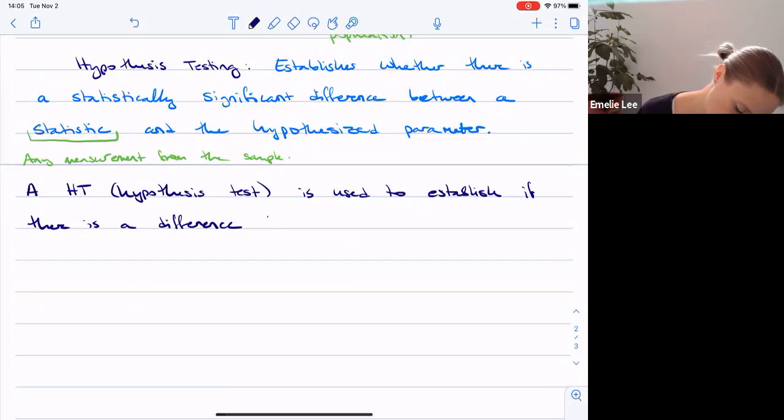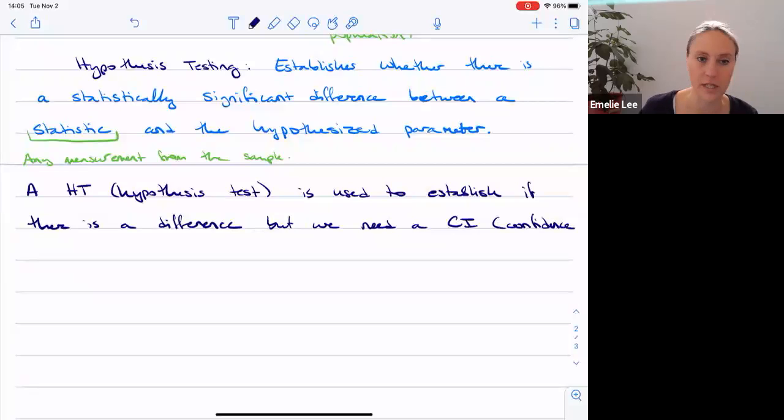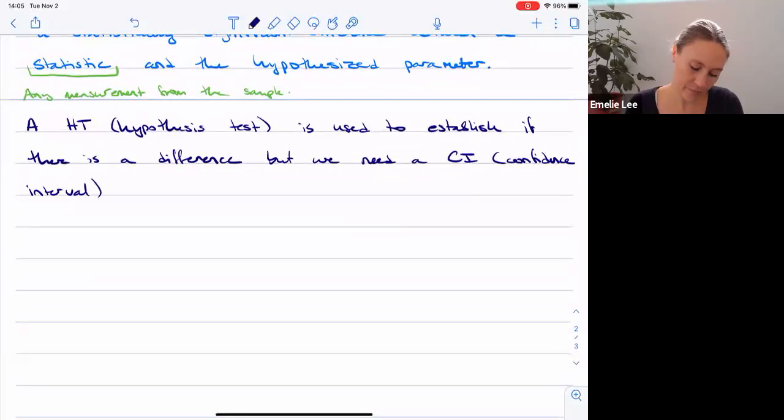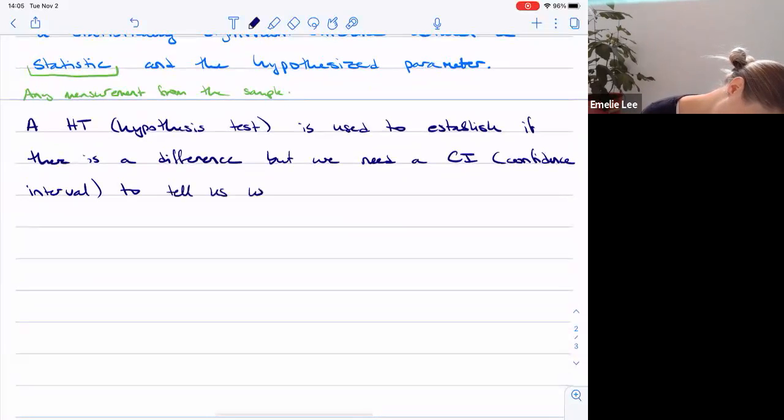Okay. But we need a confidence interval, a CI, to tell us what the difference would be, to tell us what the difference might be.